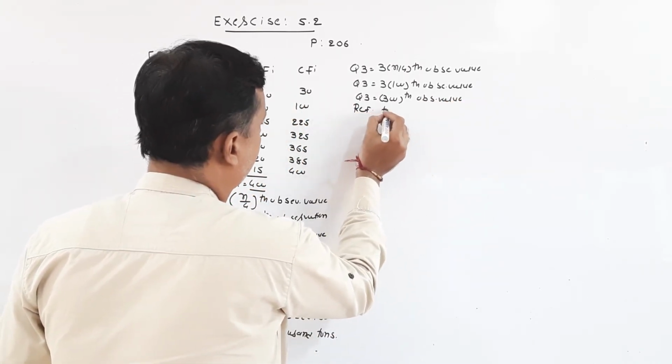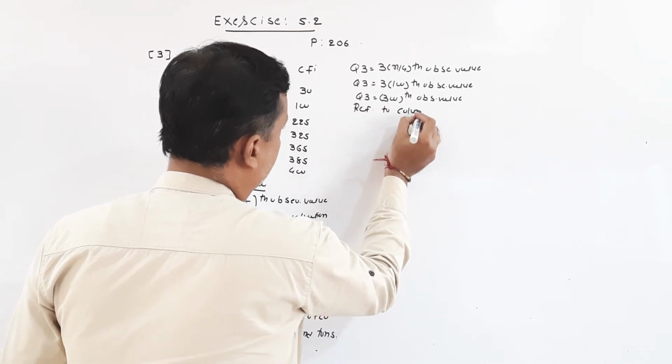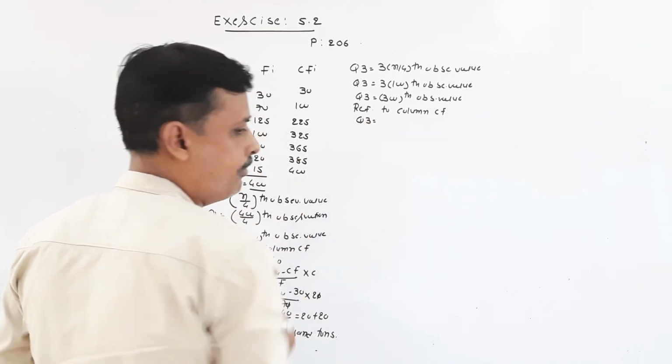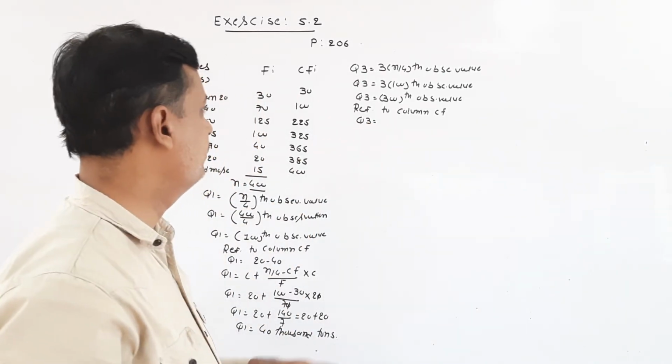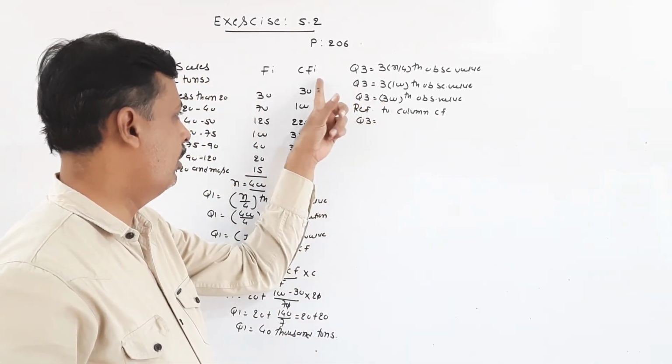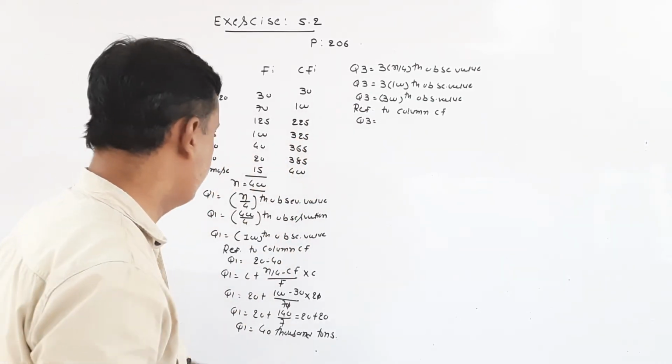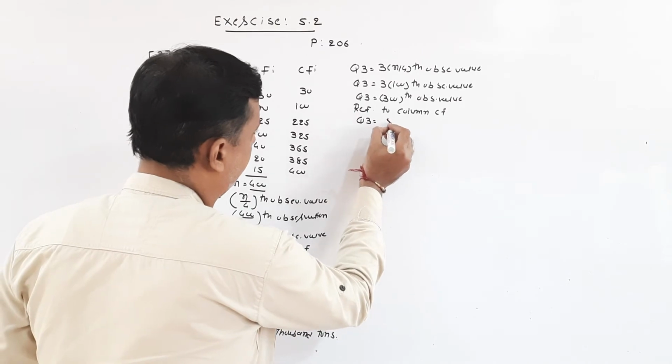Now referring to column CF, so 300 and referring to column CF we got from 325 में मिल जाएगा, so class is 50 to 75.